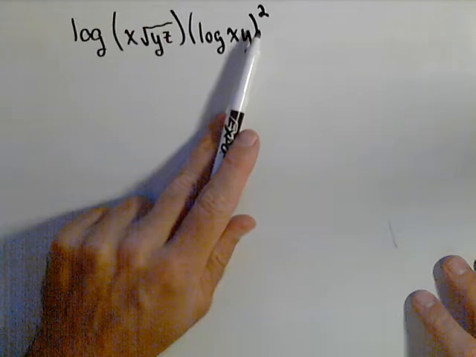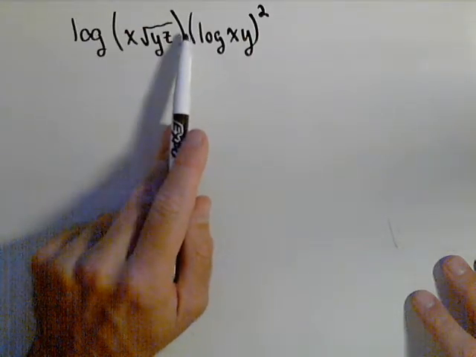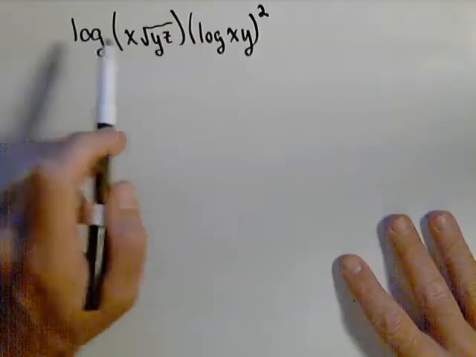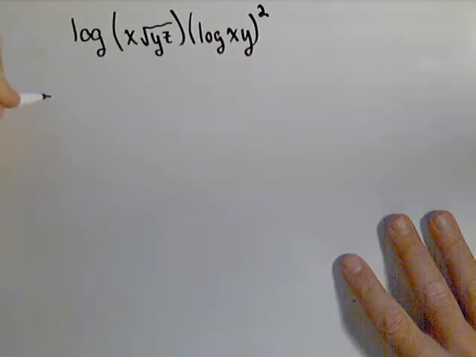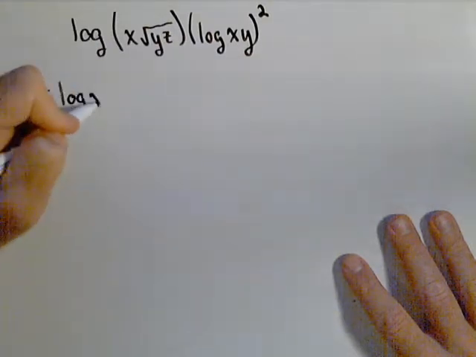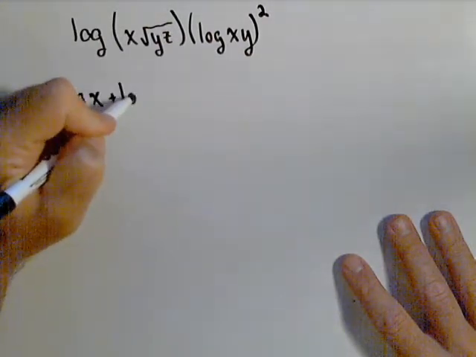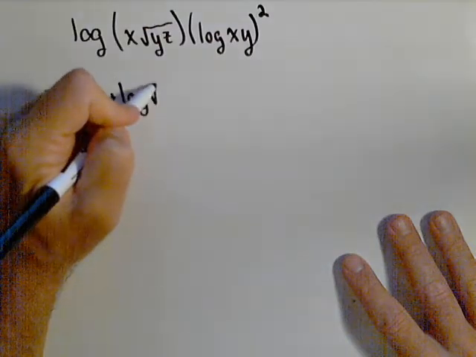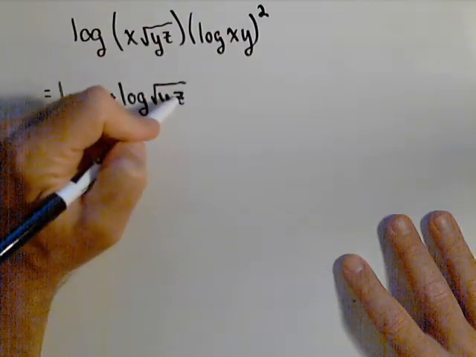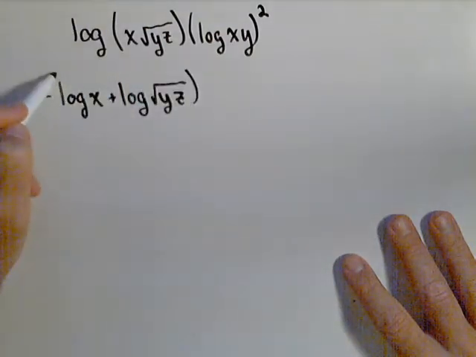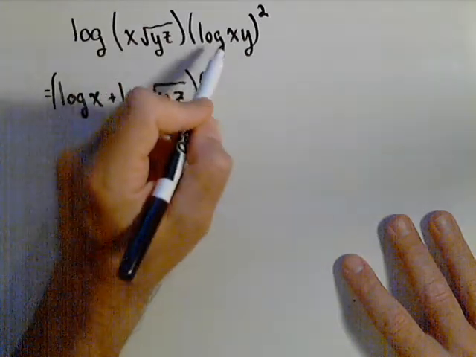Also, this square is outside the log, so I cannot pull that out front. So what I'm going to do is deal with these separately.